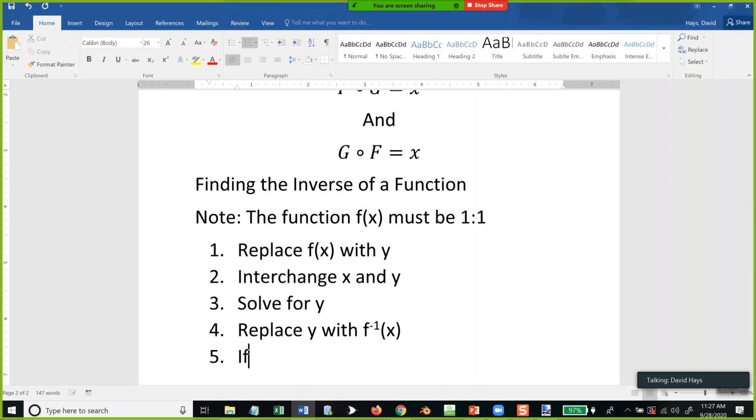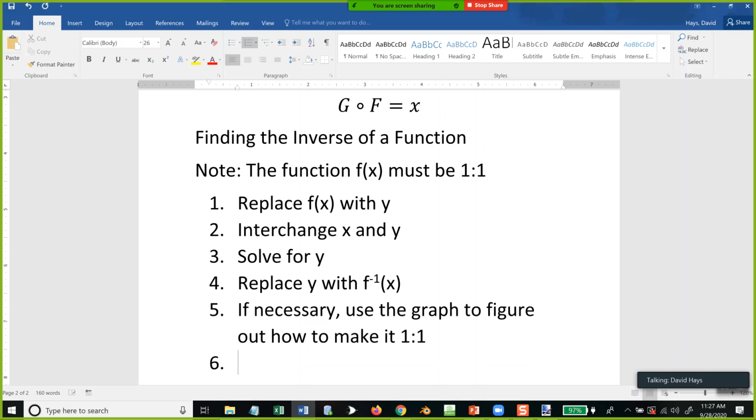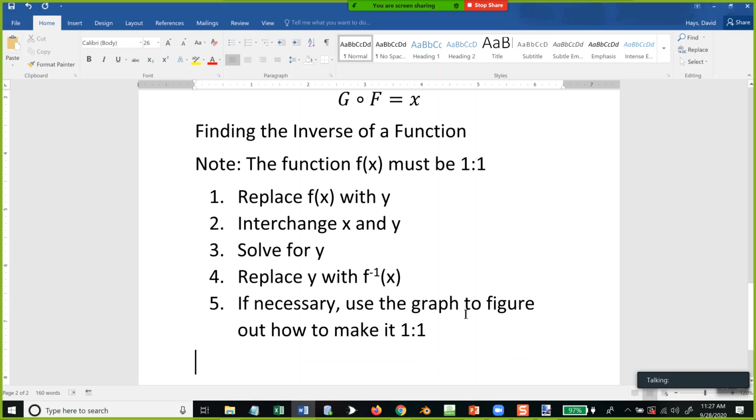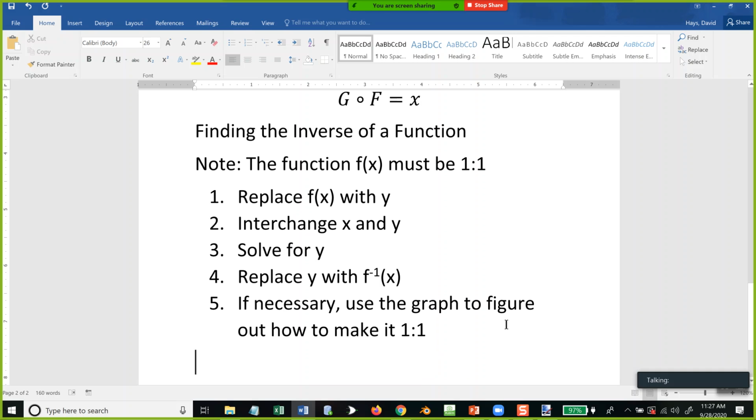In step 5, if necessary, use the graph to figure out how to make it 1-to-1. Sometimes after you get done solving it, you'll end up with something that is not 1-to-1.